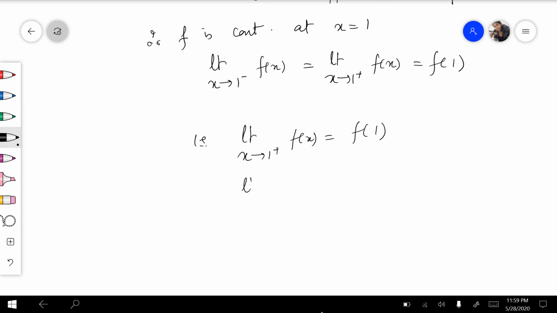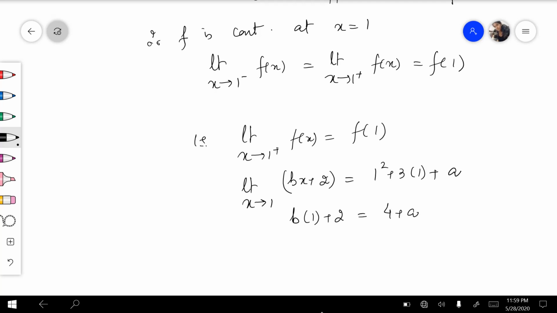And what was f of x when x is greater than 1? It was bx plus 2 is equal to 1 square plus 3 into 1 plus a, which gives you, since it is not 0 by 0 form, I can replace x by 1, b plus 2 is equal to 4 plus a, which gives you b is equal to 4 plus a minus 2, which is equal to a plus 2.